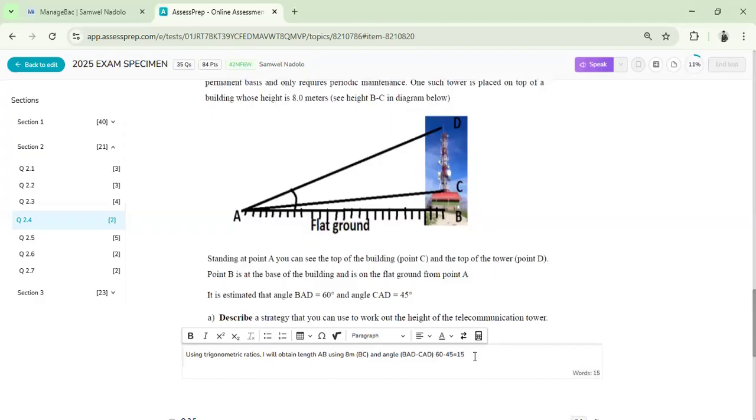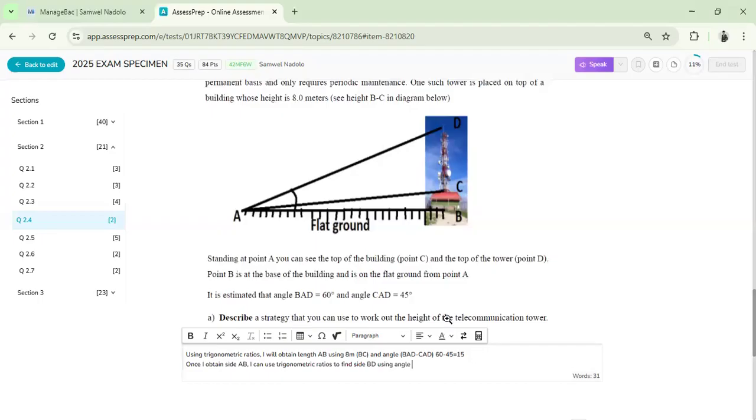So once I obtain side AB, I can use trigonometric ratios to find side BD using angle.